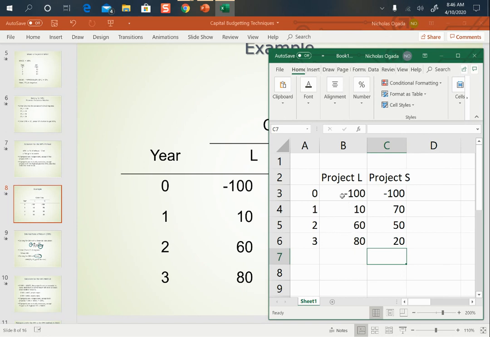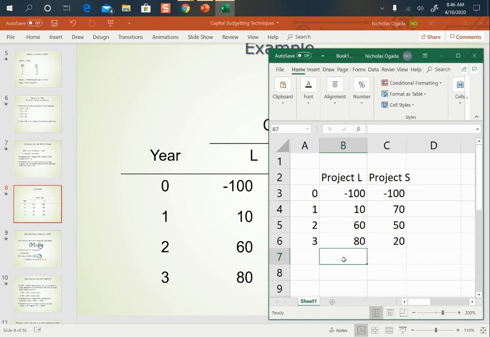Again, we know that both projects require an initial investment of $100 each, and then in years one, two, and three, you have some positive cash flows. You could have negative cash flows maybe in year two and so on, but to keep this simple, we're assuming this is a 3-year project with those cash flows.